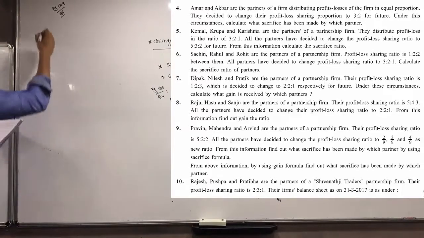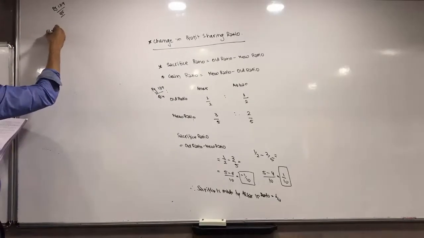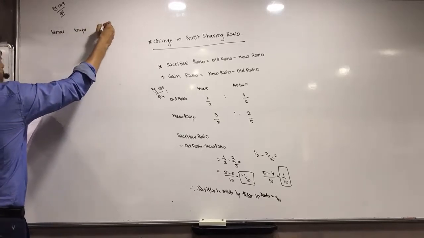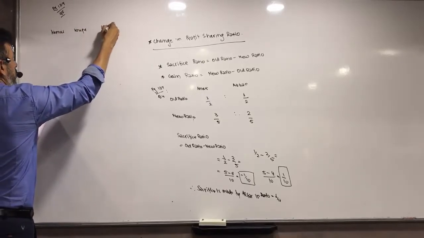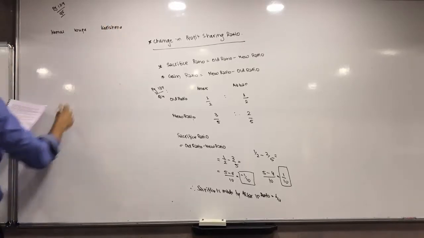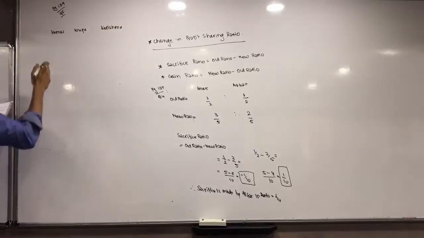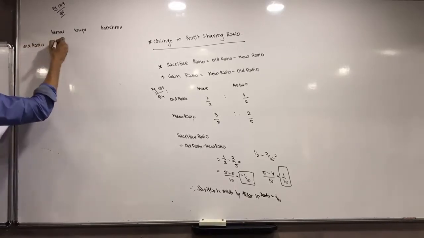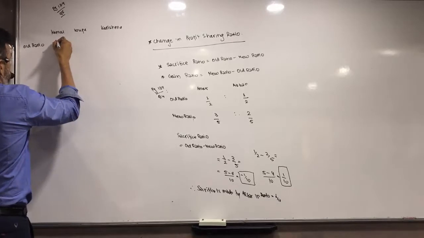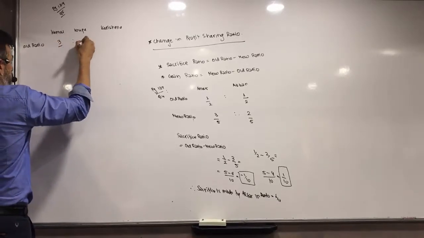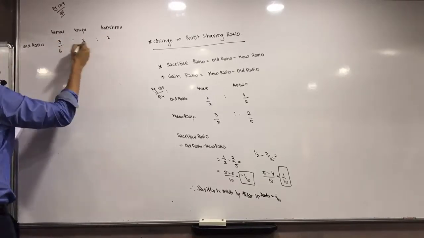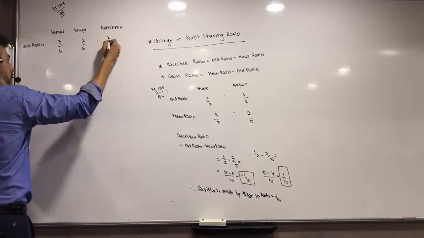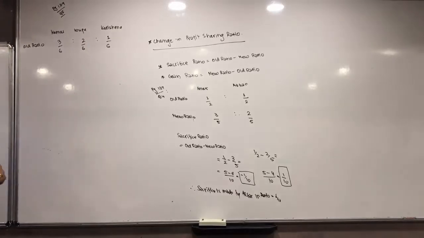So let's write down first. Komal, Krupa and Karishma. Now, old ratio is equal to 3:2:1. So 3 by 6, 2 by 6 and 1 by 6. Understood this?